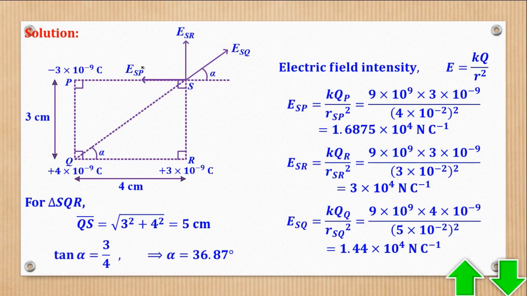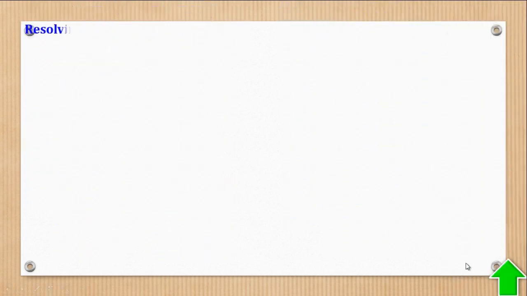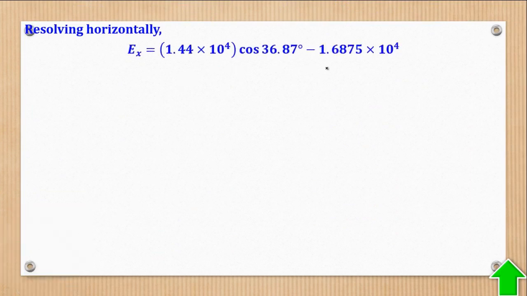So now that you have calculated this, this, and this, next is to resolve. So when I resolve horizontally, I'll come up with that to give me this.